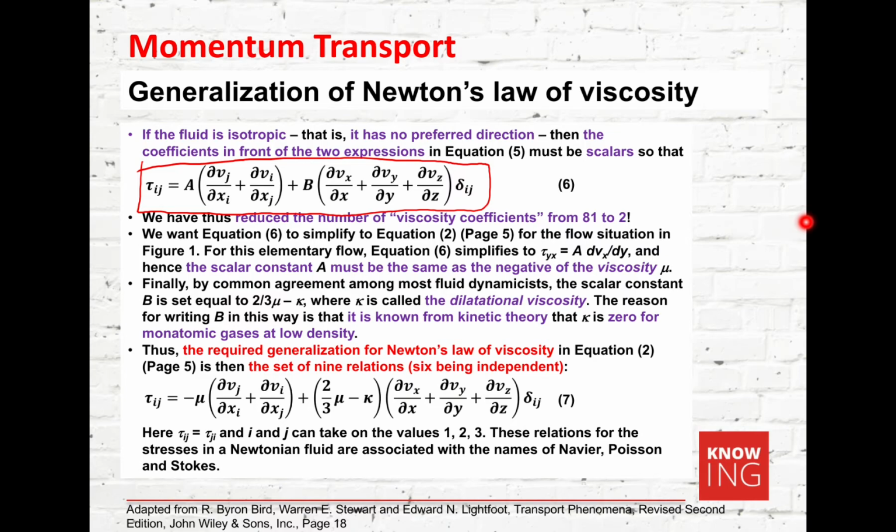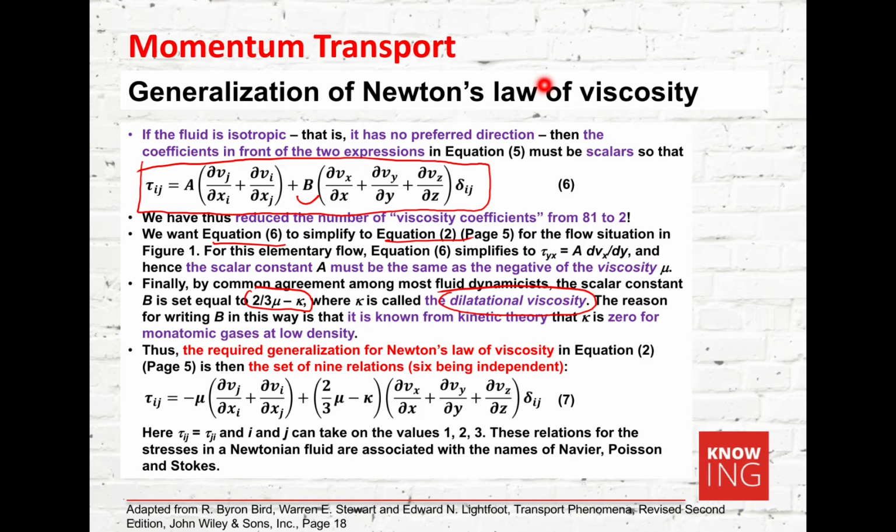And then we want equation 6 to simplify to equation 2 in particular flow situations. So equation 2 has to be a special case of equation 6. Another finding is that the scalar constant B in here can be set equal to this quantity in here, which we call the dilatational viscosity. And we know from the kinetic theory that kappa is 0 for monatomic gases at low density.